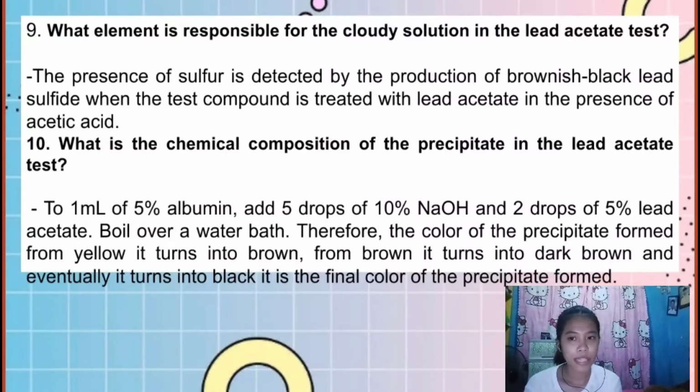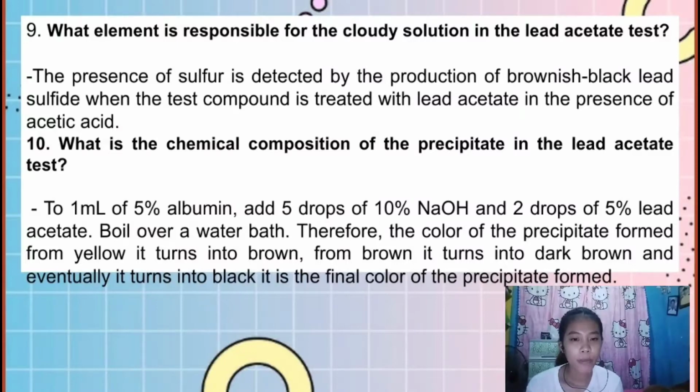For question number 10, what is the chemical composition of the precipitate in the lead acetate test? To 1 ml of 5% albumin, add 5 drops of 10% sodium hydroxide and 2 drops of 5% lead acetate. Boil over a water bath.